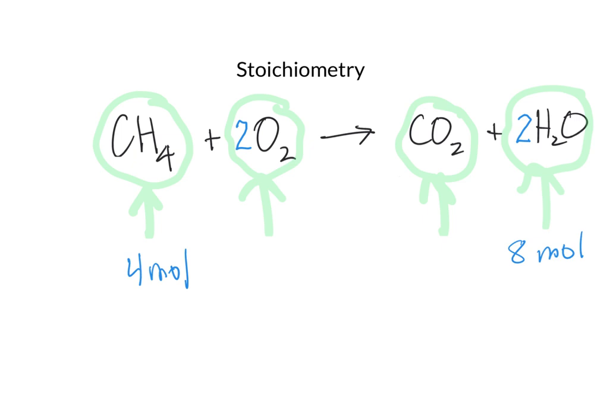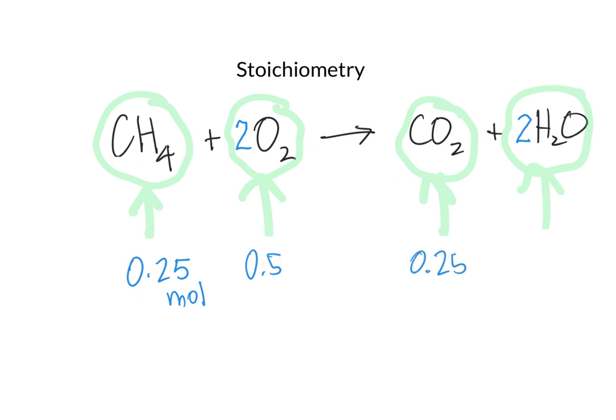But let's suppose that I don't have whole numbers. Let's say I've got 0.25 moles of CH4. Well, what the equation tells me is that I'm going to need 0.5 moles of O2, 0.25 moles of CO2, and 0.5 moles of water.